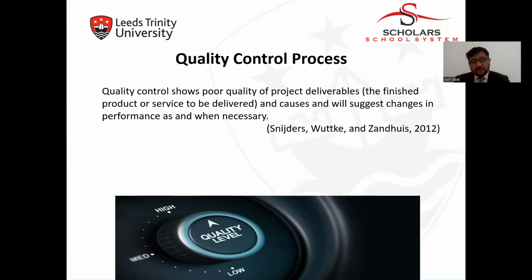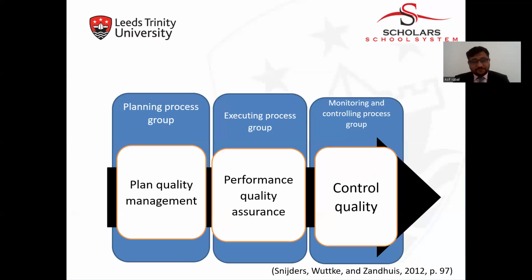So quality control is a very important process, where they can look at where the problems happen in the project, why the quality of the products or services the business is providing is poor, what the reason behind these issues is, and what suggestions they need to make for changes in the process and the systems, which is necessary for a business. That's how quality control processes happen.